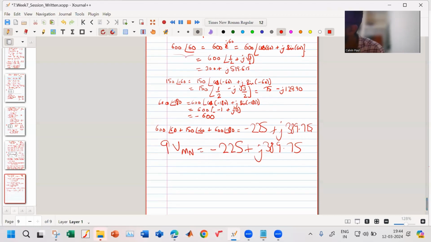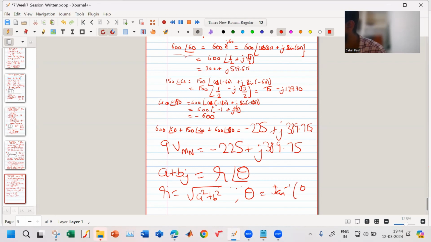Suppose you have a number a plus bj; you represent it as r angle theta. What is your r? Square root of a square plus b square. What is your theta? Tan inverse of b by a.